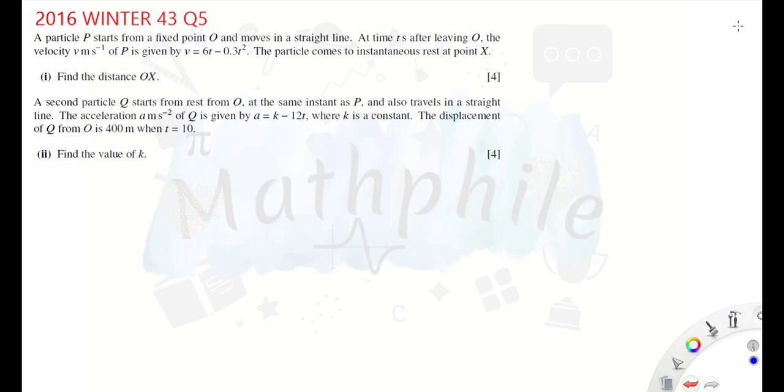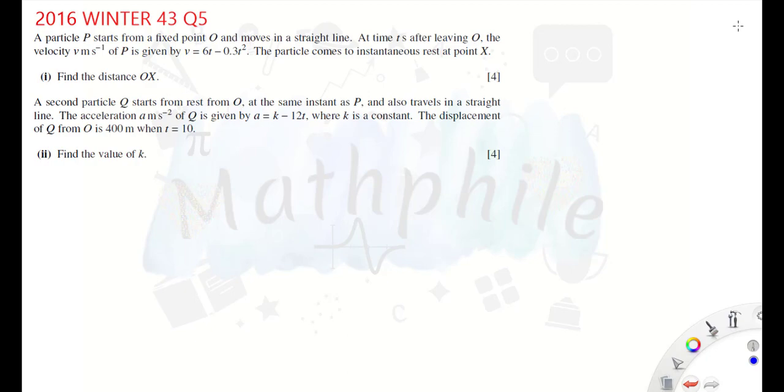Let's get this one. So any ideas as to how we're going to do this? When they say instantaneous rest, it means velocity is equal to zero. Yes, the velocity is equal to zero.